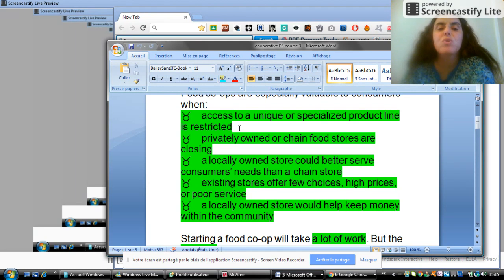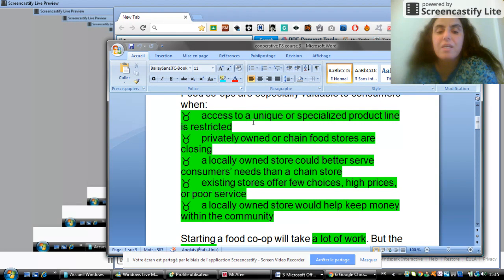So when the two individuals intending to establish a cooperative want to do research, they will have to focus on this need first.